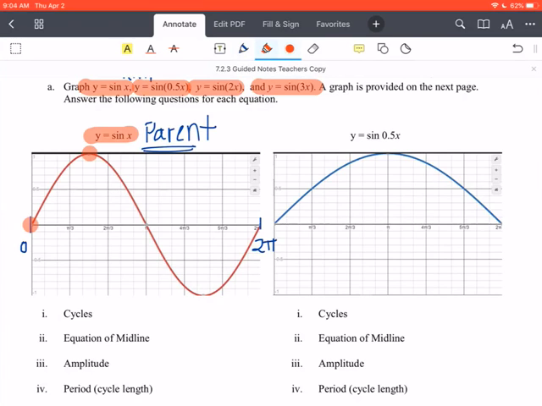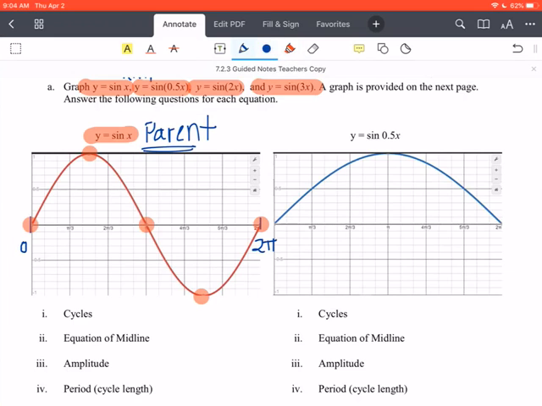Then at pi over 2, halfway between pi over 3 and 2 pi over 3, is the peak of our mountain. Then at pi, the sine is 0 once again. And then at 3 pi over 2, which is between 4 pi over 3 and 5 pi over 3, is the lowest point of our valley. And then we return back to 2 pi.